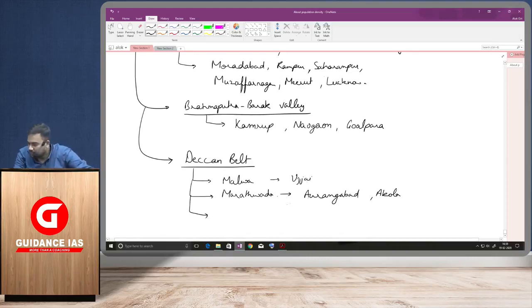If you talk about other areas like Karnataka, it is found in a number of places like Bellari, Raichur, Gulbarga, Mysore.